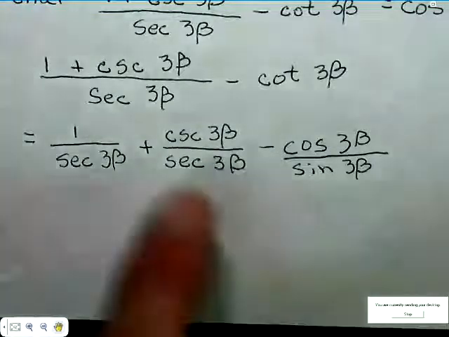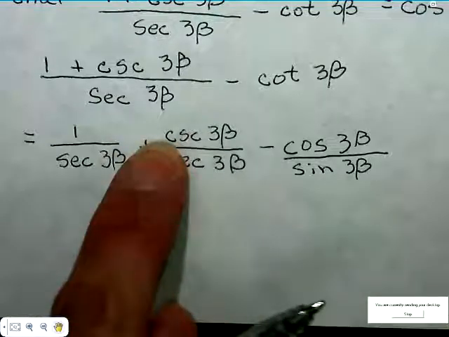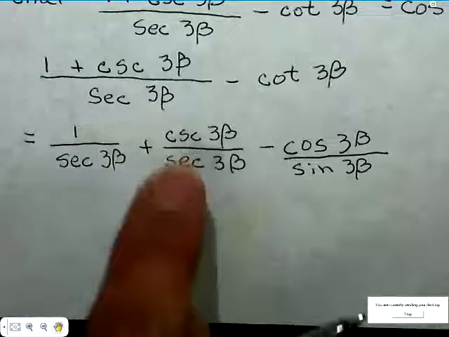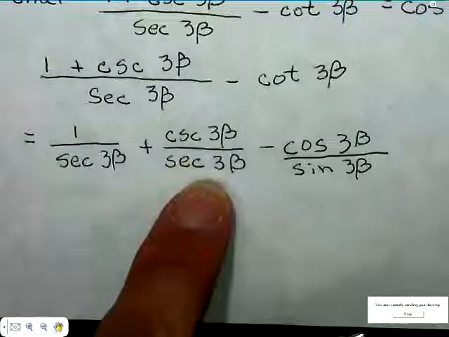That cosecant over secant is 1 over sine divided by 1 over cosine. You could write it that way.